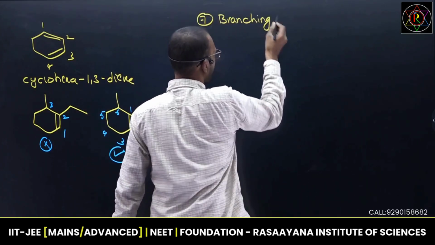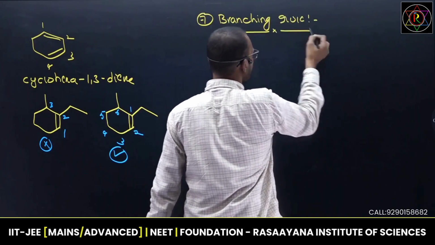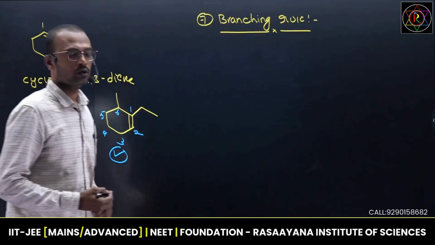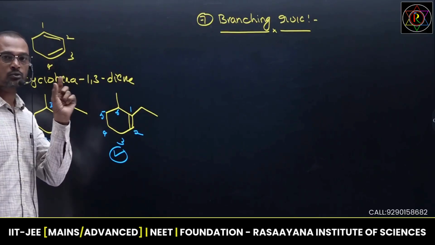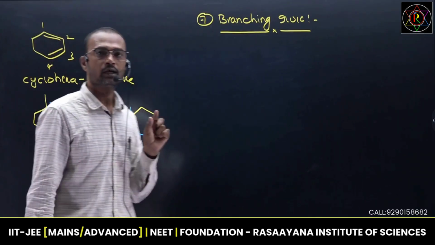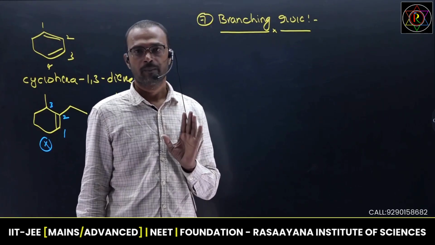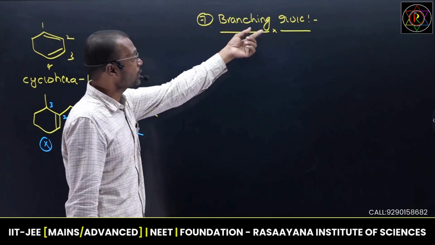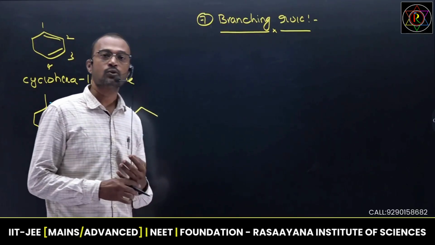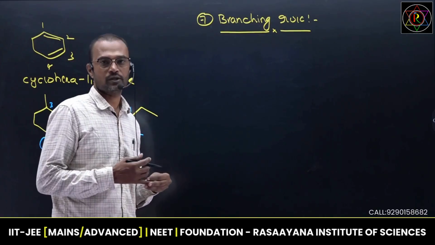Branching rule. What is this branching rule? How is it helpful? Generally these points are well known, I think. Suppose two identical substitutions are present, they will be represented as di, tri, tetra, etc. The branching rule says try to select a parent chain in which we reduce branches.